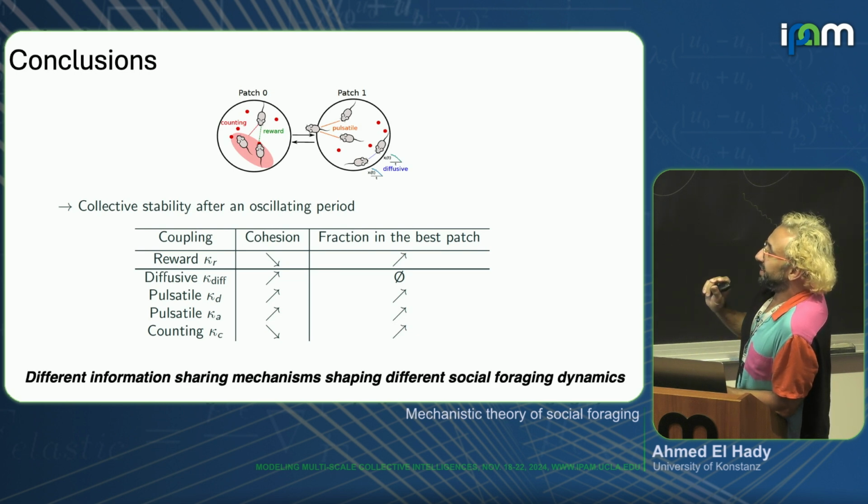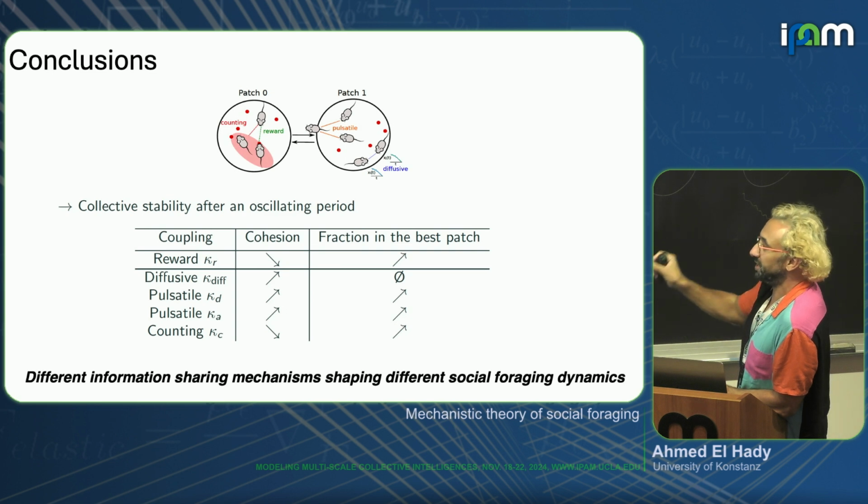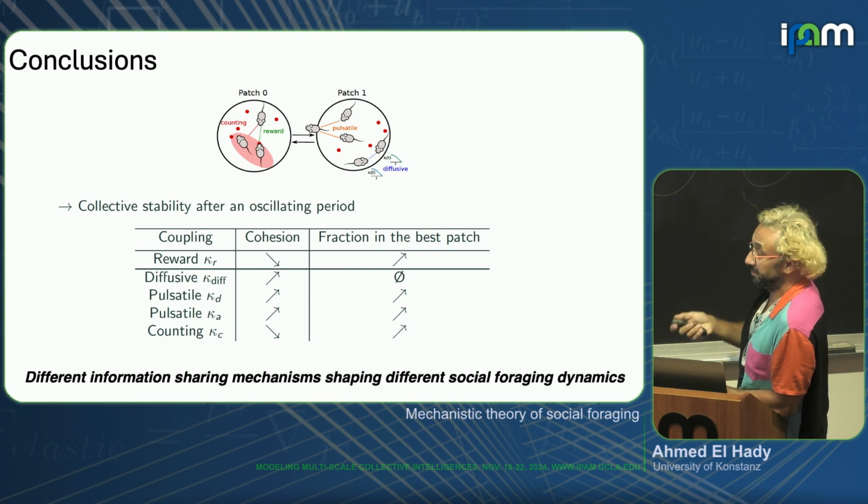And then, by changing the information sharing mechanisms between those animals, we can get different social dynamics. For example, if I couple them with reward, which is this QR, I can decrease the cohesion of the group, which here means that you reach the equilibrium very quickly, so you have rapid redistribution to both patches, so they don't stay together for a long time.